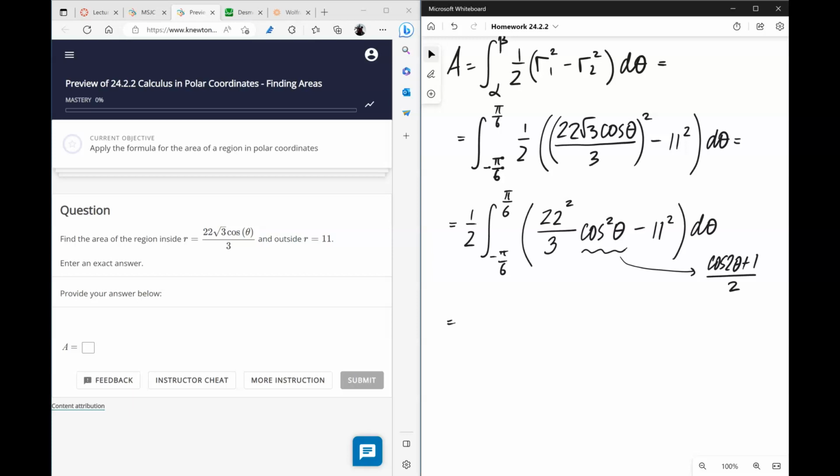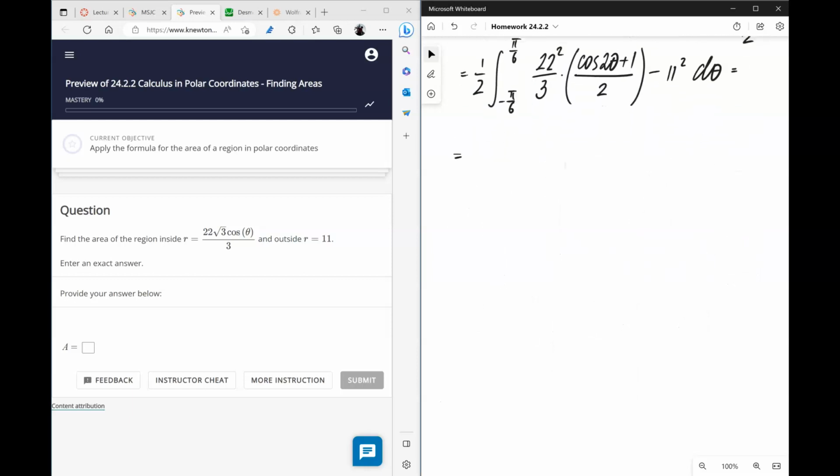So let's see what's going to happen there. We have 1/2 times 22 squared over 3, and here we're going to write cosine of 2 theta plus 1 over 2, minus 11 squared d theta.